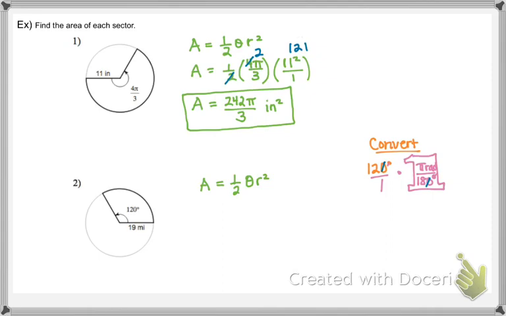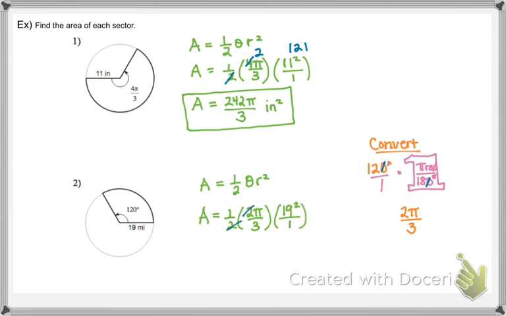So that reduces to 2 pi over 3 radian. And once I have my angle in radian, we can go ahead and plug into the formula. The area is equal to 1/2 times my central angle, which is 2 pi over 3 radian, times my radius squared, so 19 squared.